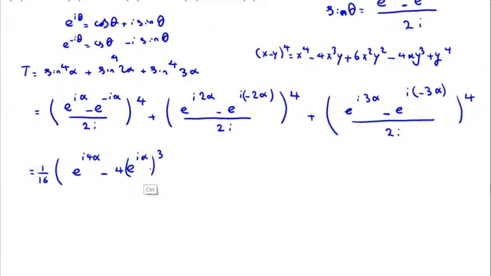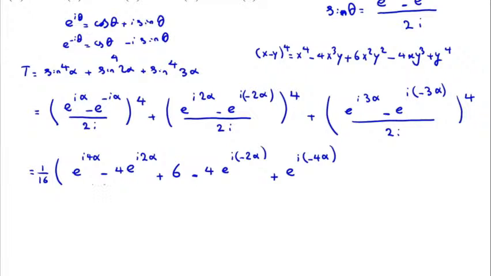So we can simplify here. First one cubed, this one cubed times this one will be 3α minus α, 2α. Then plus 6, it will be cancelled, minus 4 e^(i(-2α)) plus this one to the 4, e^(i(-4α)).